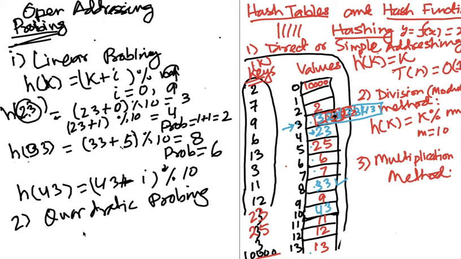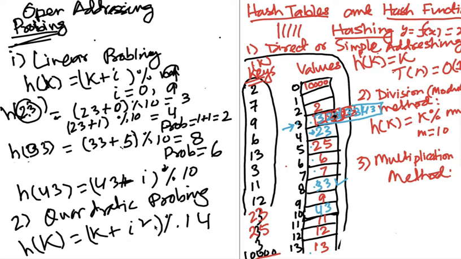In quadratic probing, for instance, we say h of k equals k plus i squared, and then mod whatever, say 10 or 14, whatever you say over here.